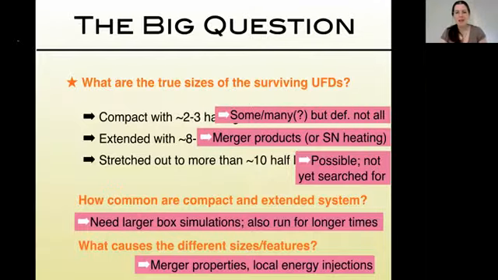And I'm eager to learn more about the merger properties and also local energy injections, because again, supernovae are always in these systems, so they always play a role and they will always tell us something. And I think we now have found a way to see the effects of that, possibly in the nature of the extendedness, once we can tell that for the entire population of ultra-faint dwarf galaxies.